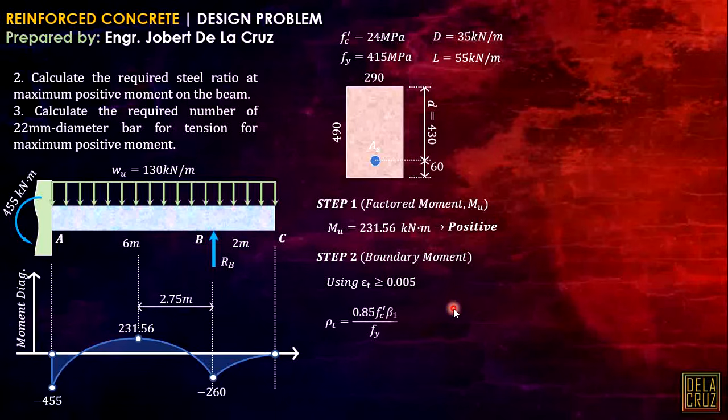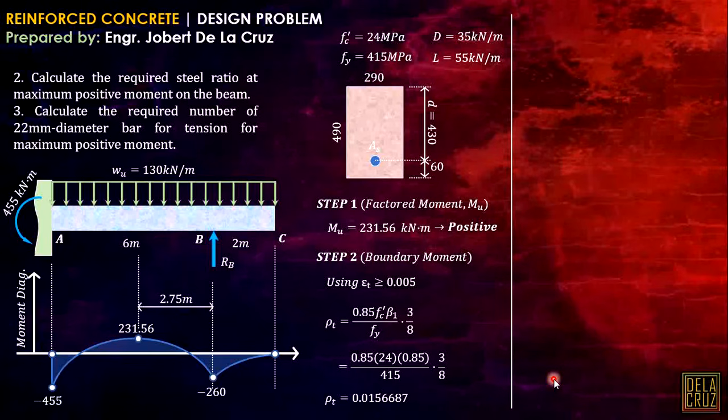Okay, by using this boundary, we derive this formula. What changed here is that it became 3.8. Okay, so direct substitution and we have this rho t. I called it rho t, that is for the transition limit. Next, again, we will calculate the Ast, again for transition. And that will be that value.